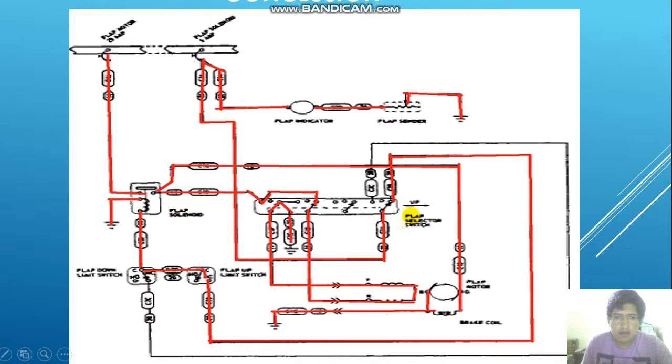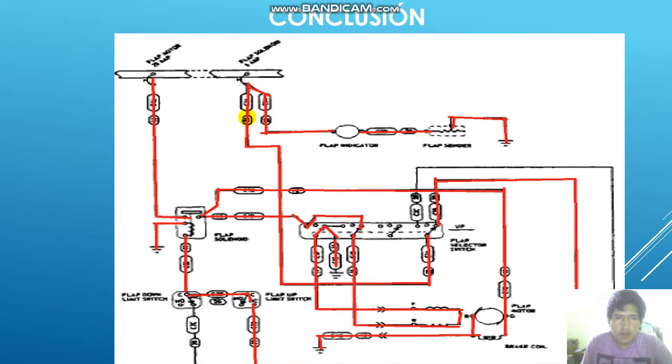This switch must stay in the up position, then the current passes and arrives at the flap solenoid, the bus, and this current needs 5 amperes.